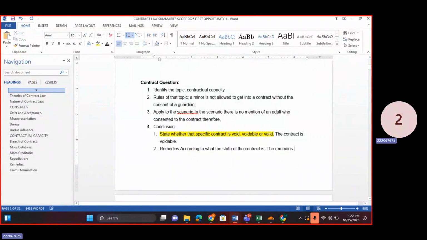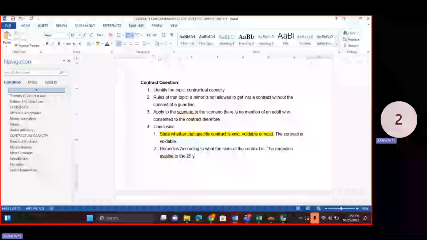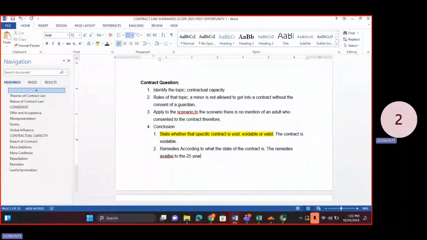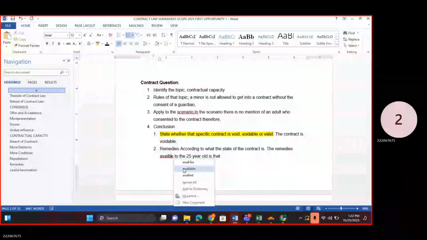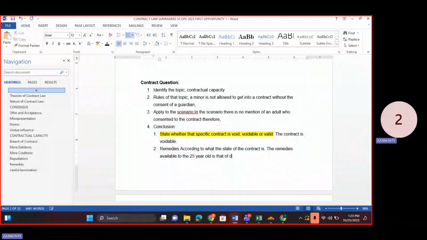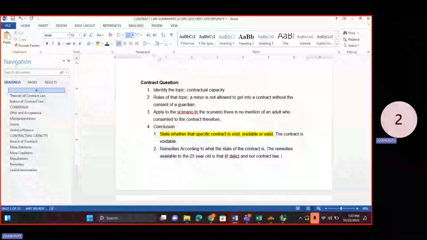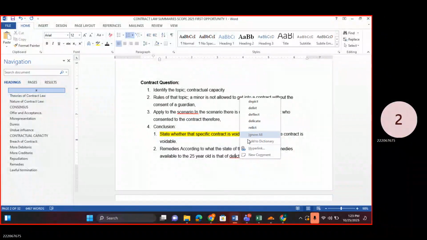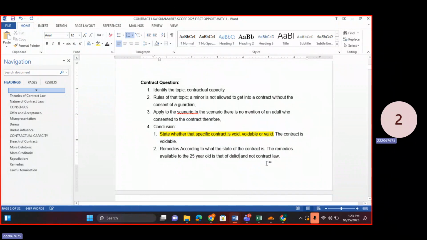The remedies available to the 25-year-old is that of delict and not contract law. That's it. So that's how you answer.